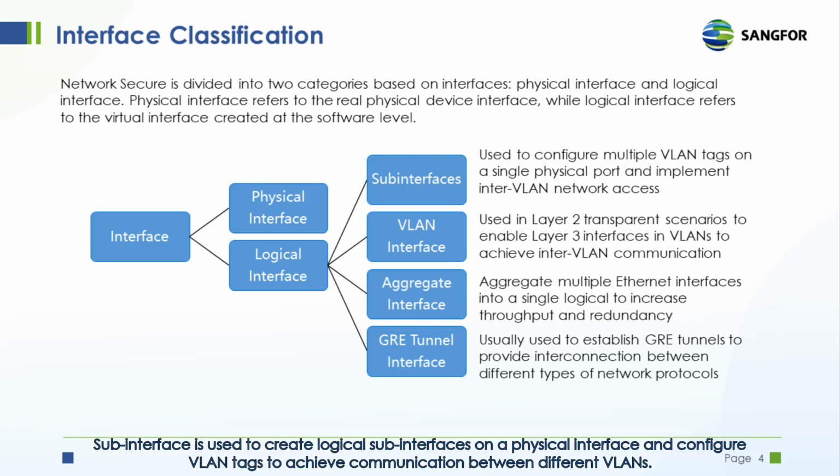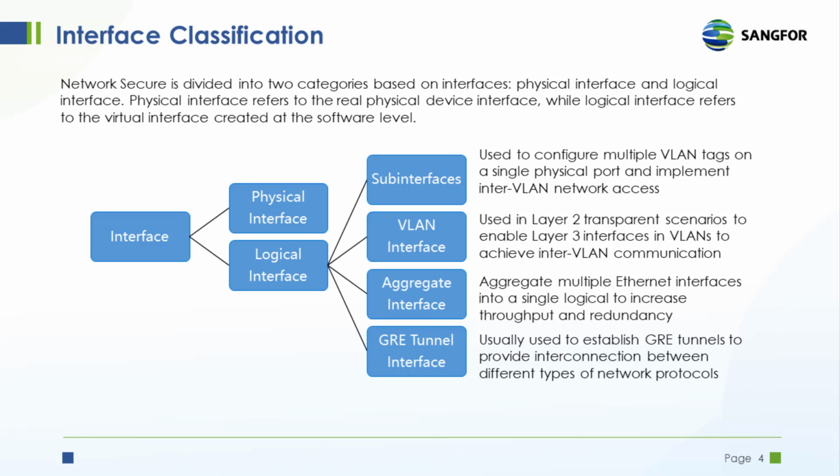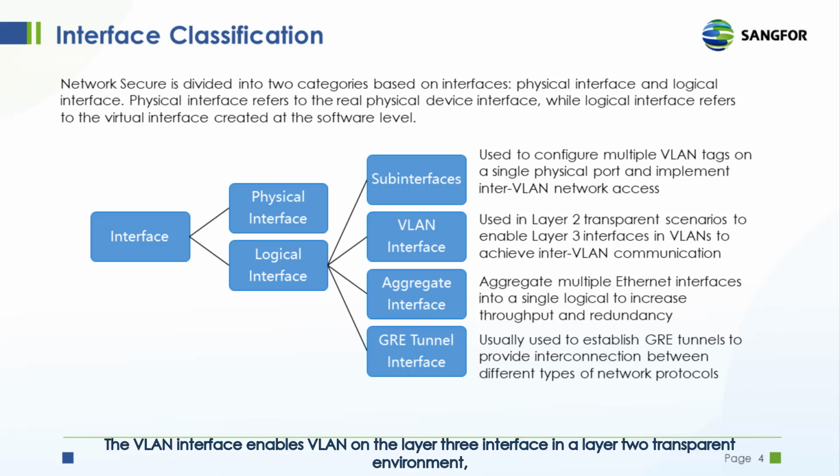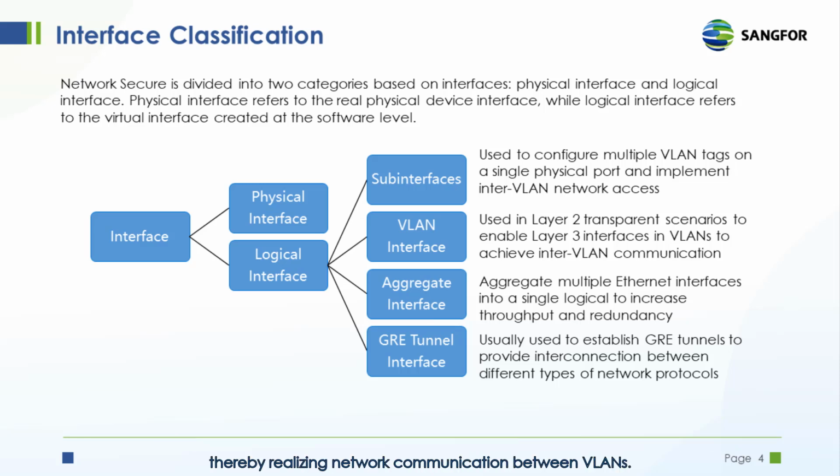A sub-interface is used to create logical sub-interfaces on a physical interface and configure VLAN tags to achieve communication between different VLANs. The VLAN interface enables VLAN on the Layer 3 interface in a Layer 2 transparent environment, thereby realizing network communication between VLANs.